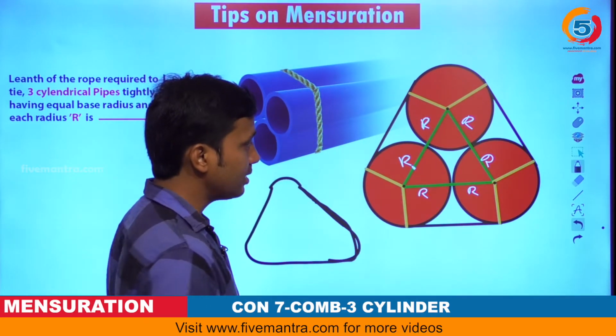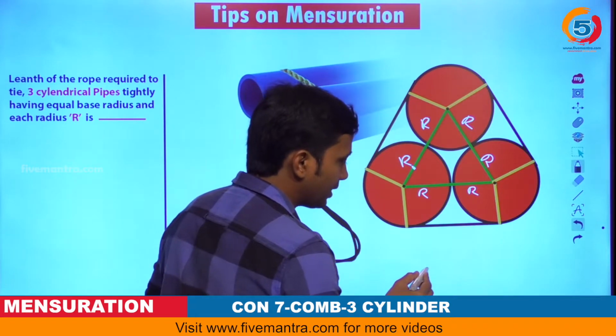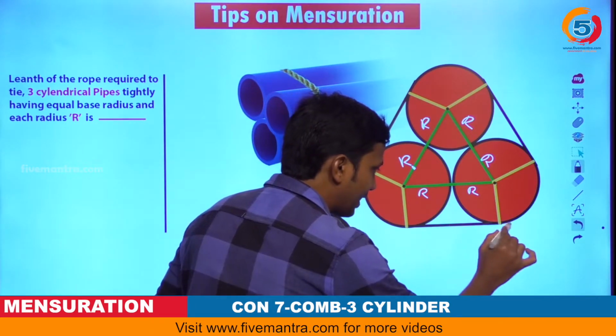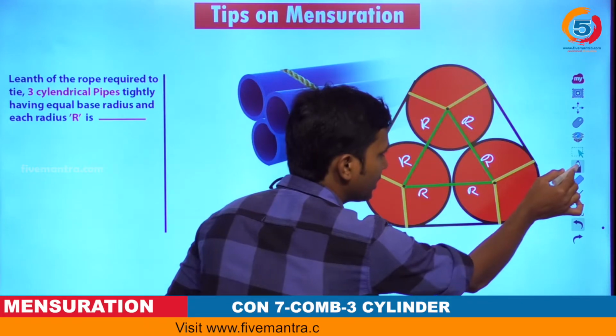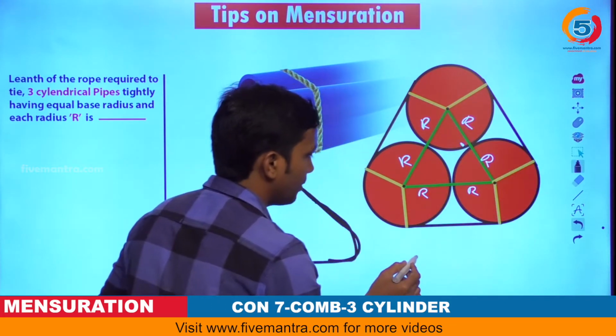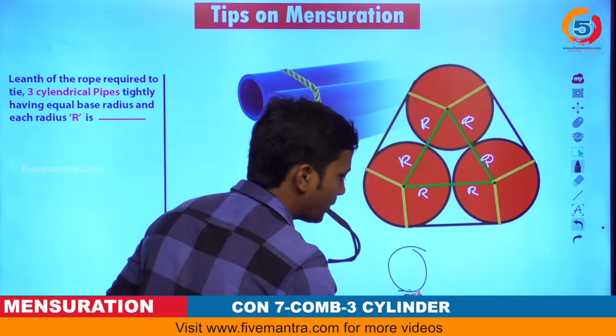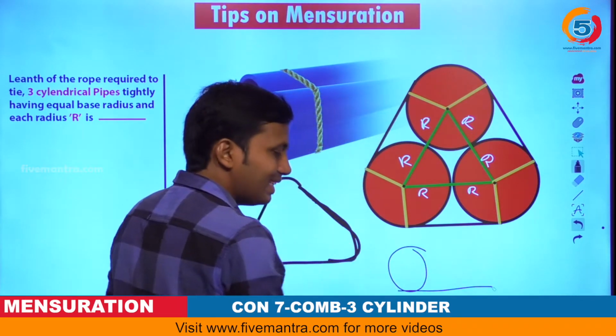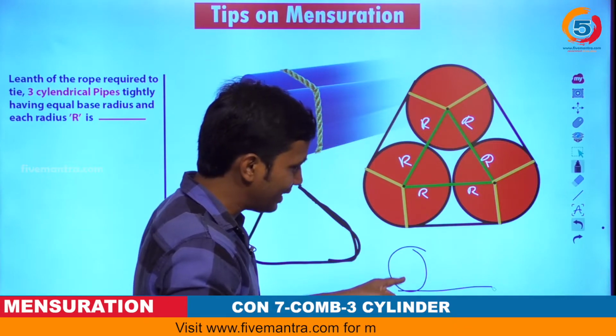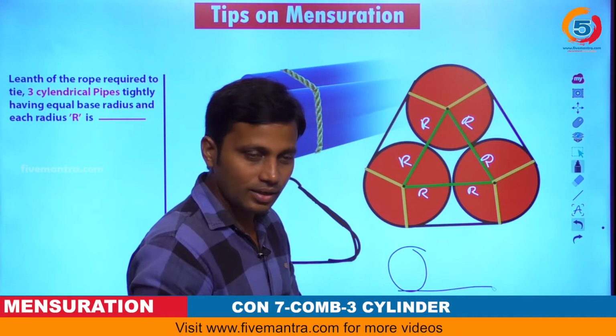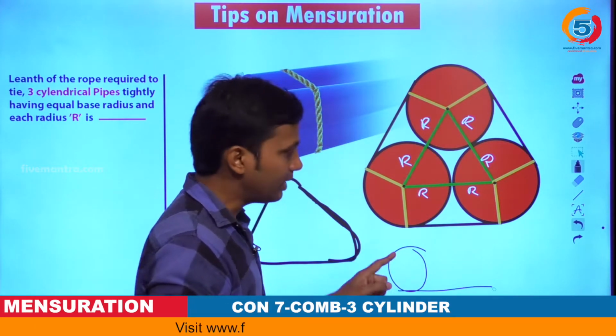After getting the radius, now we have to observe something. See, I'm plotting this rope again here. Observe this. If this is in the shape of a circle, then the rope is this one, or not? Then is the rope acting as a tangent to that or not? Tangent to this circle, or not? Yes.